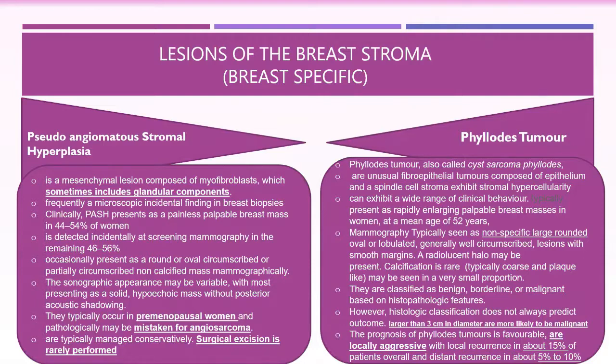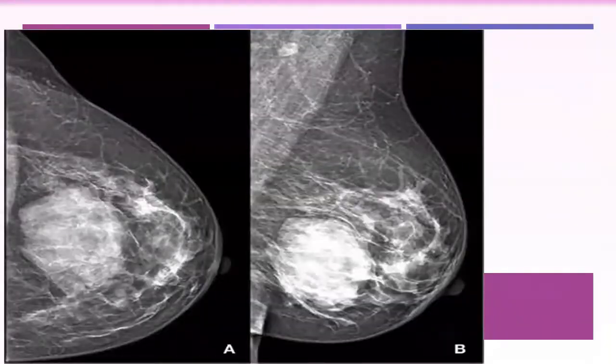In the diffuse type, the patient can present with huge enlargement of the breast, and sometimes it might end with mastectomy, unilateral or bilateral.